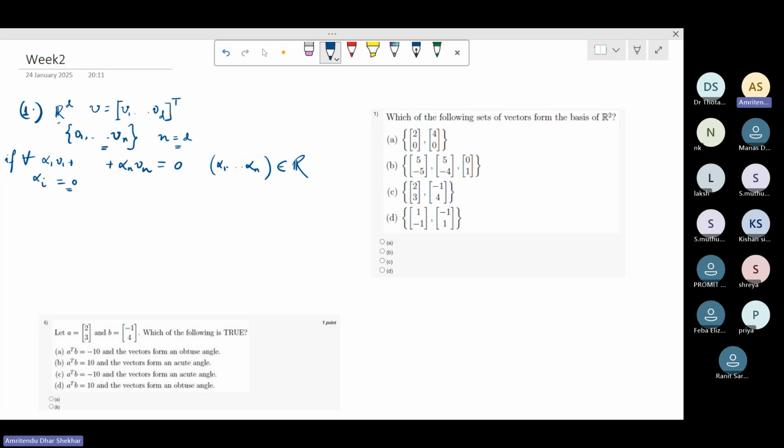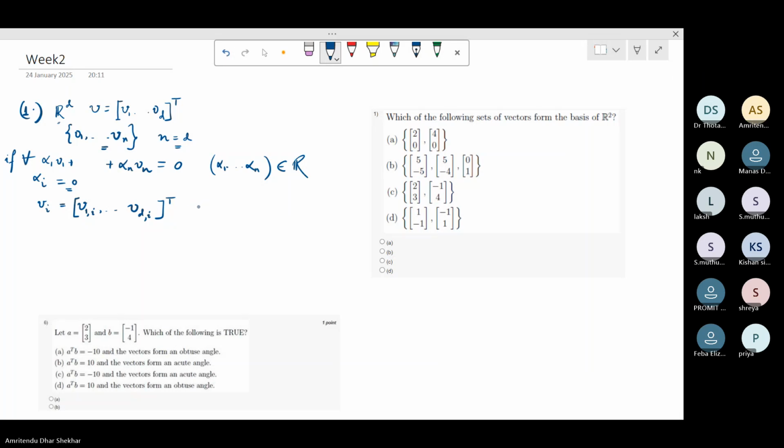Now, one of the ways in which you can check this linear independence would be as follows. So let's say each vector vi is basically v1i, then up to vdi. Then you can form a matrix.